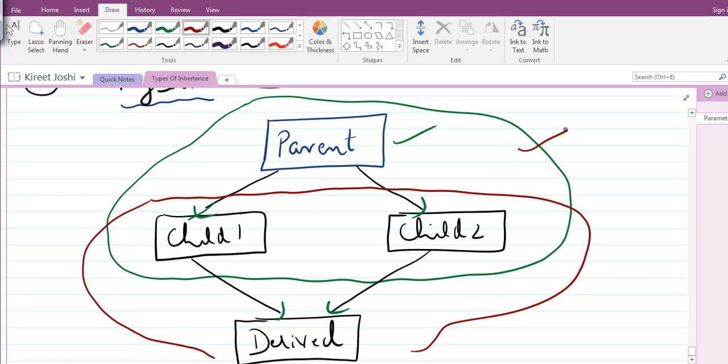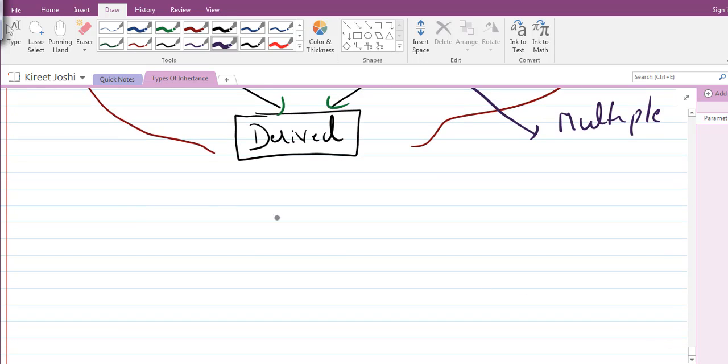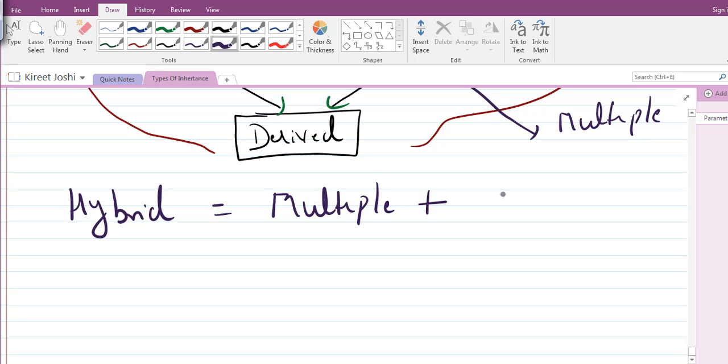So hybrid is a combination of multiple plus hierarchical inheritance. It is a combination of these two types of inheritances.